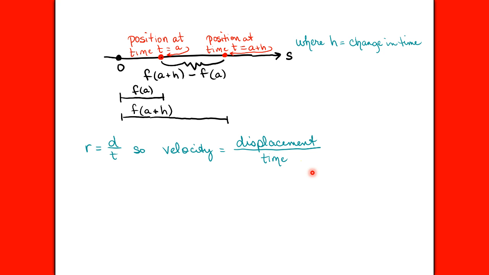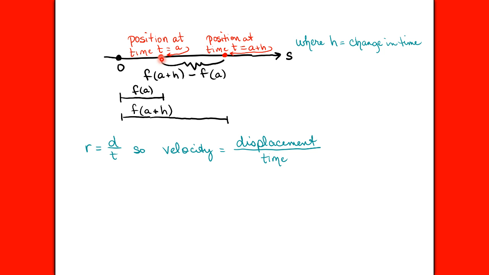So if I drew a number line up here, or a horizontal axis, that could represent my position function, and I said, okay, here's my origin, I could represent my position at any time t on that position line. If time is equal to a, then this could represent my position when time equals a.